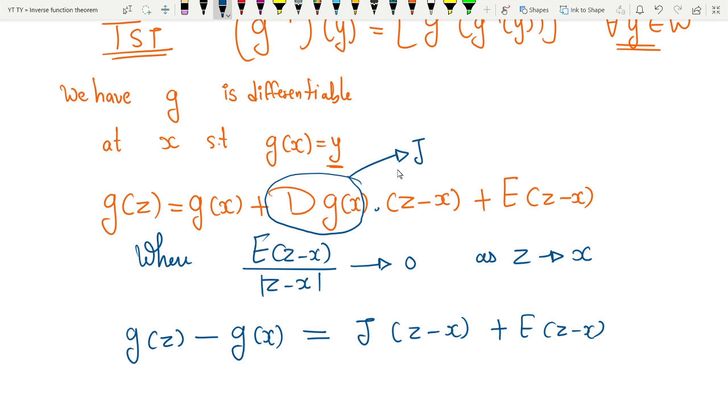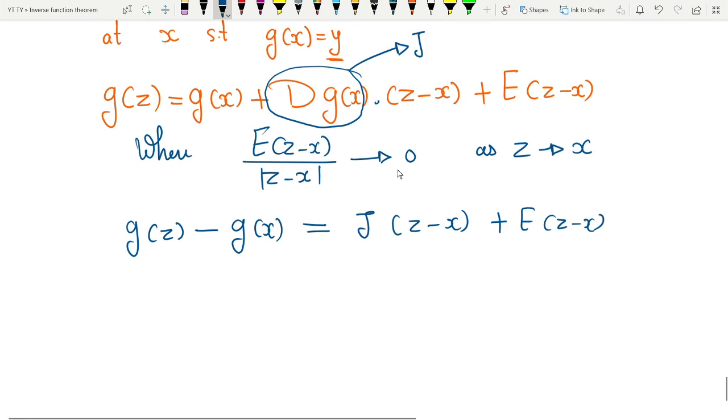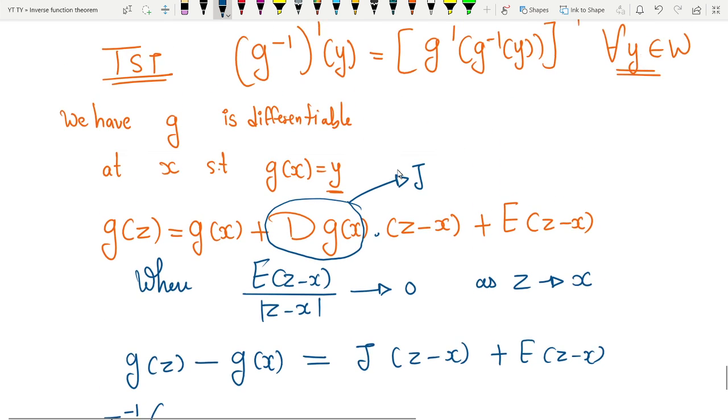It is identity if x equals a, but in general it is not identity, may or may not be, but J is some matrix. Also, the determinant should be not equal to 0, right? It is differentiable, it has an inverse. So now this J is invertible. We take the inverse of J on this entire last equation.